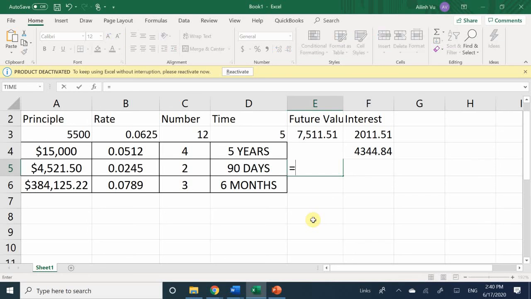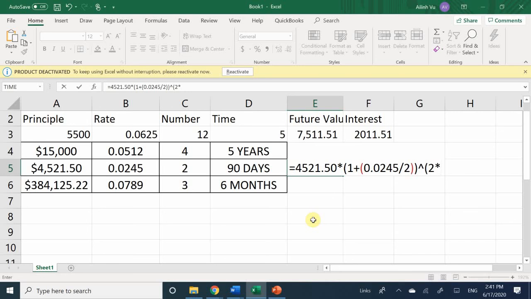What's my principal? Your principal is $4,521.50. You want 1 plus parentheses 0.0245 divided by 2, double parentheses, you do the caret, parentheses, 2 times 90.